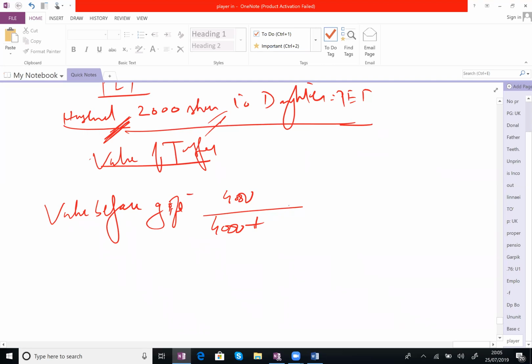Wife has 2,000 shares, plus charity has 3,250 shares. Why are you writing the charity here? Because charity sold the shares 2 years ago.